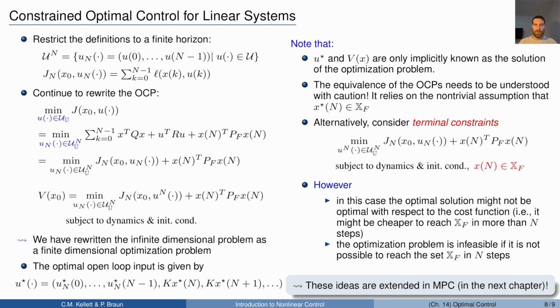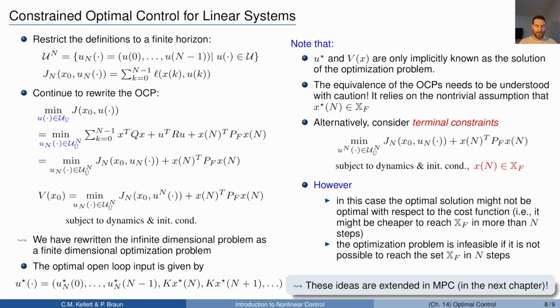While there are some solutions for some settings, meaning linear systems and quadratic costs, for more general settings that's not the case, and there are only limited approaches for nonlinear systems or non-quadratic costs.